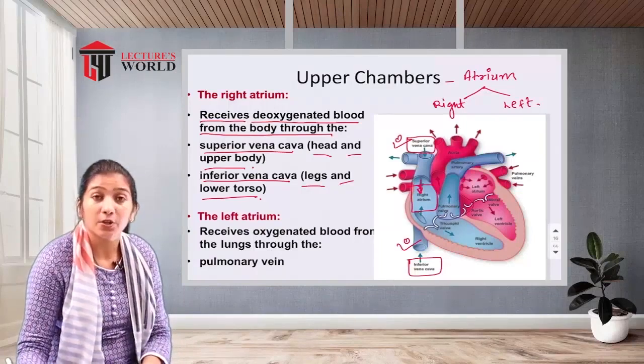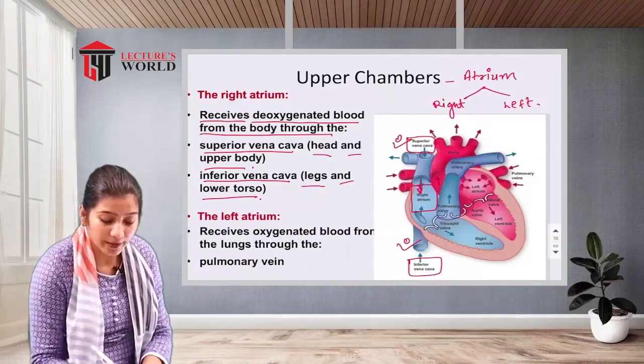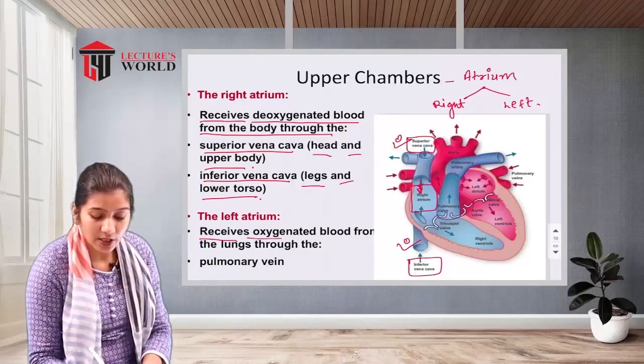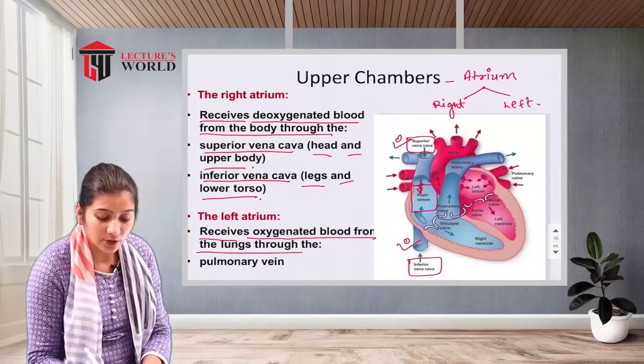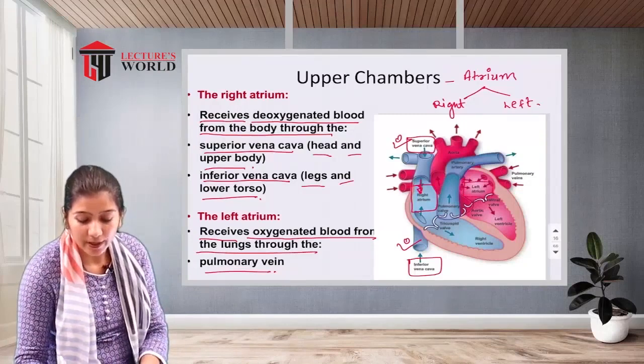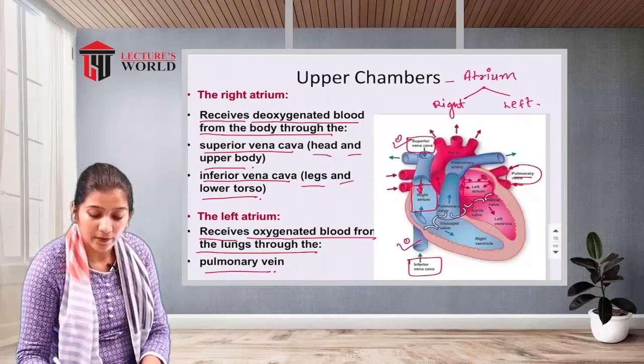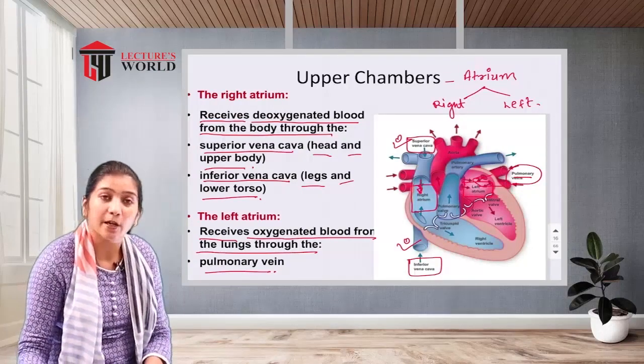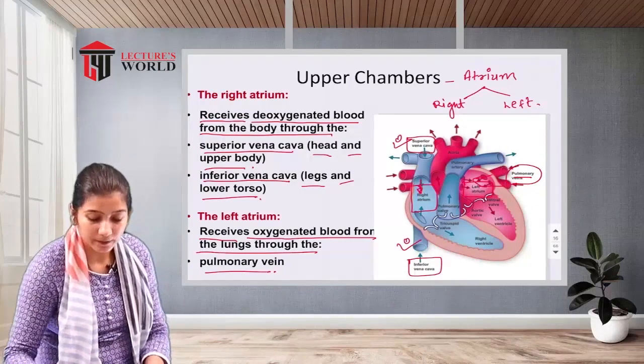Now what is the function of the left atrium? The left atrium receives oxygenated blood from the lungs through the pulmonary vein. So here you can see the left atrium. The pulmonary vein is giving the oxygenated blood to the left atrium.